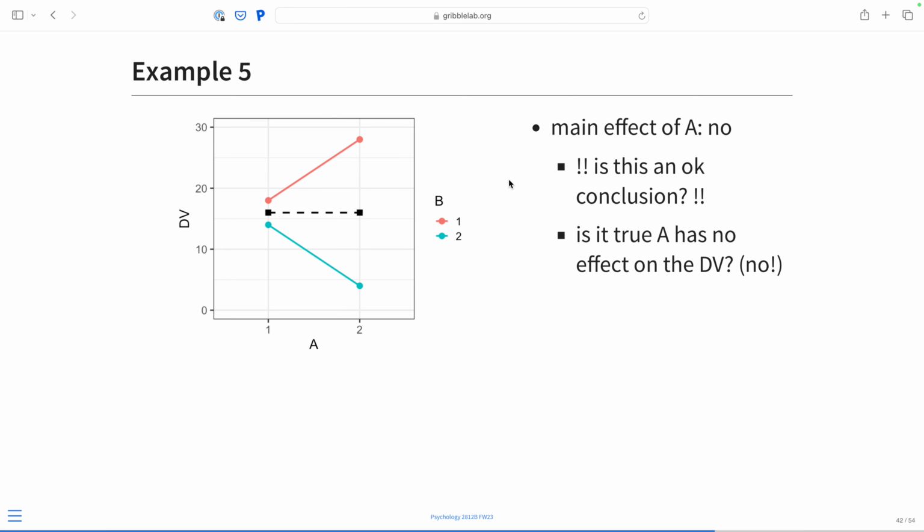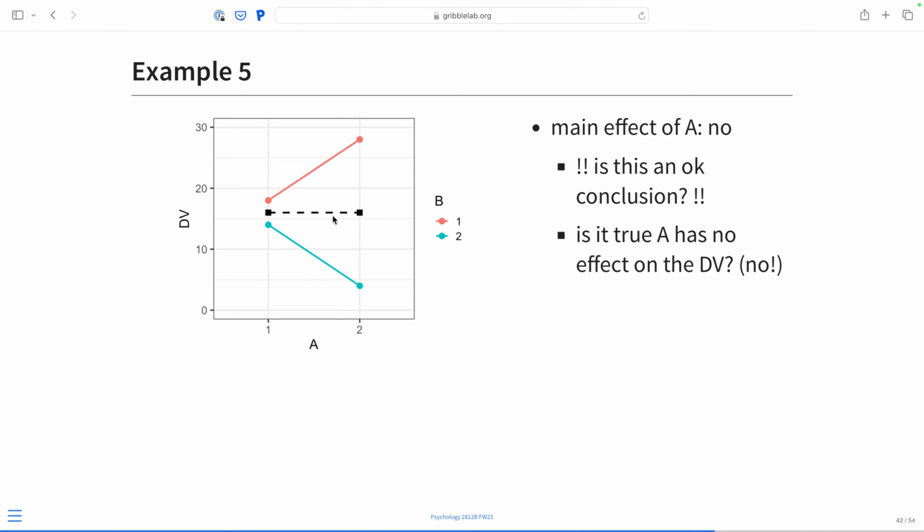Now, is that an okay conclusion? Is it correct to say that the A treatment, whatever it is, let's say placebo versus drug, has no effect on the dependent variable? No, that would not be an appropriate conclusion, right? On the marginal means, it appears as if there's no change.